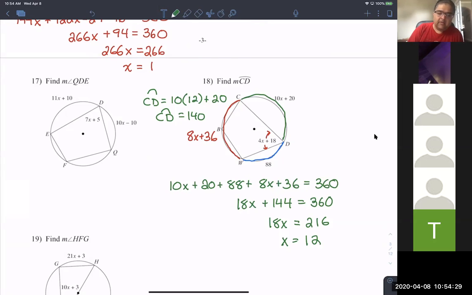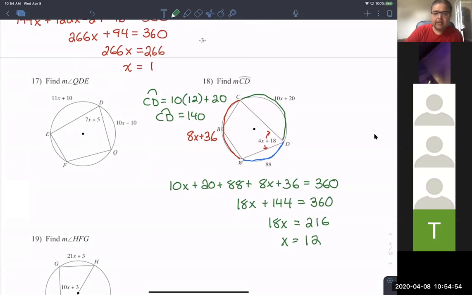Number two, opposite angles of inscribed polygons are supplementary. Opposite angles of inscribed quadrilaterals are supplementary. And number three, triangles inscribed within a semicircle are right triangles. All right. Any questions?